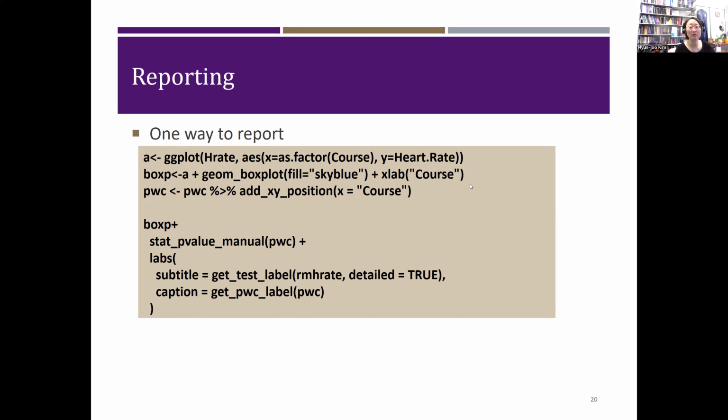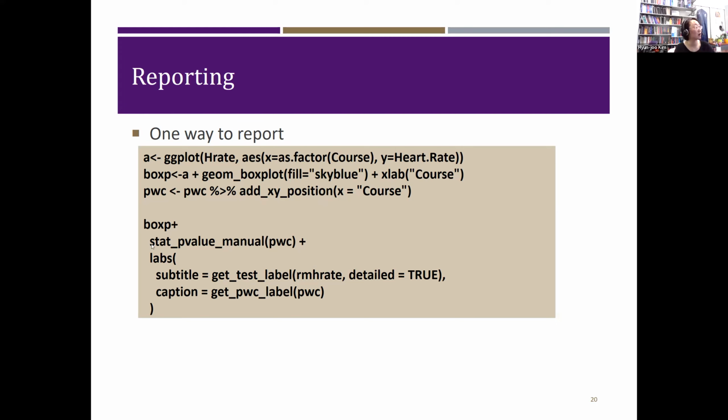Then to get ready, we're going to set the x position as course to add the post-hoc results, the pwc, the pairwise comparison that we had from the previous slide. So we're going to add the xy position to the box plot using the add_xy_position function.